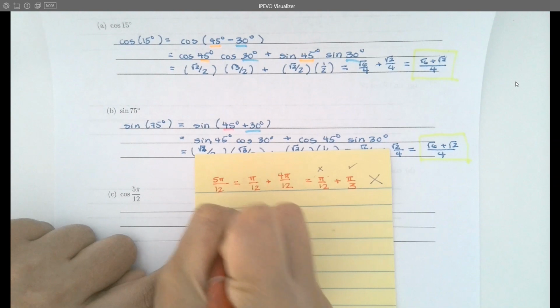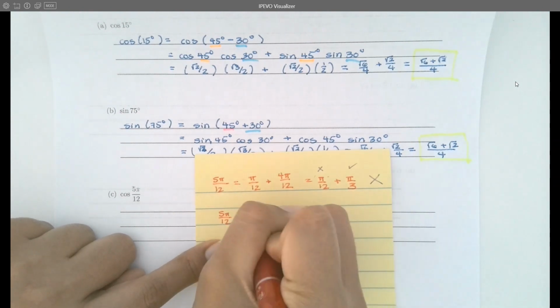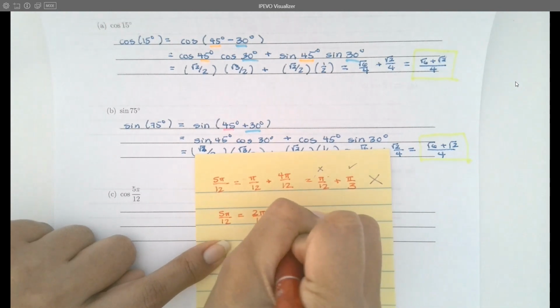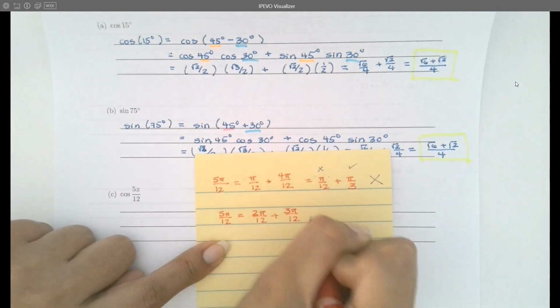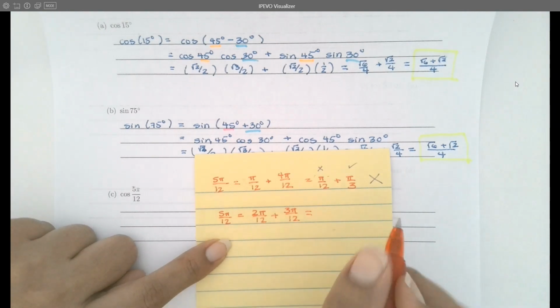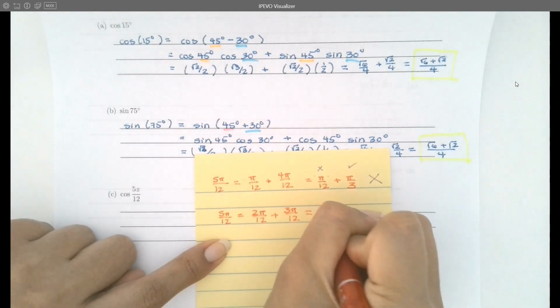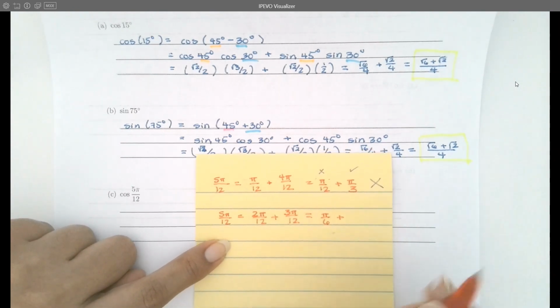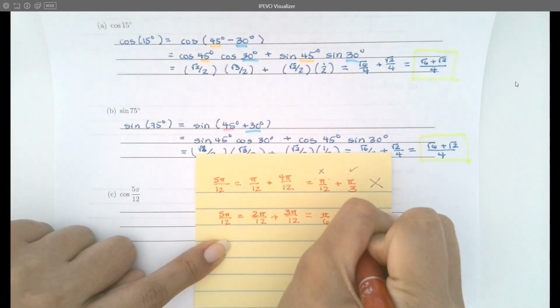The next possibility we can take a look at is now having the sum of 2 pi over 12 plus 3 pi over 12. Now if we write it this way, the 2 pi over 12 reduces down to a pi over 6, and the 3 pi over 12 reduces down to a pi over 4.